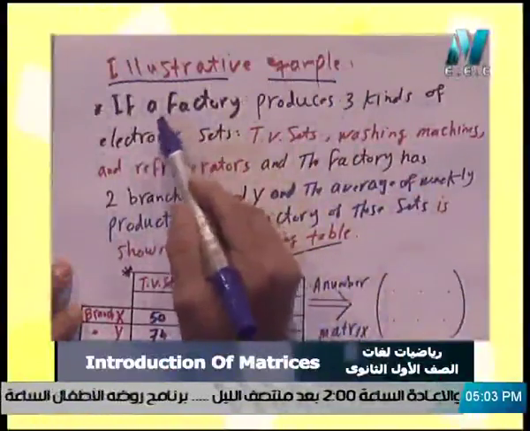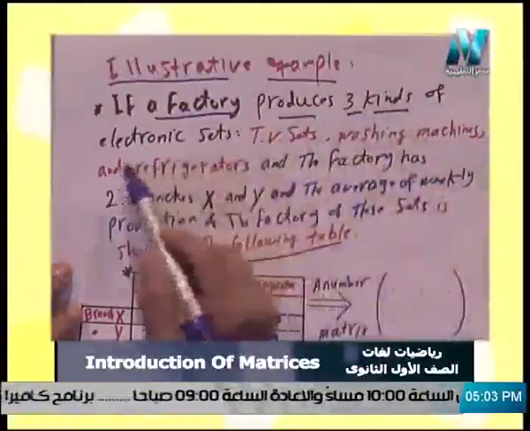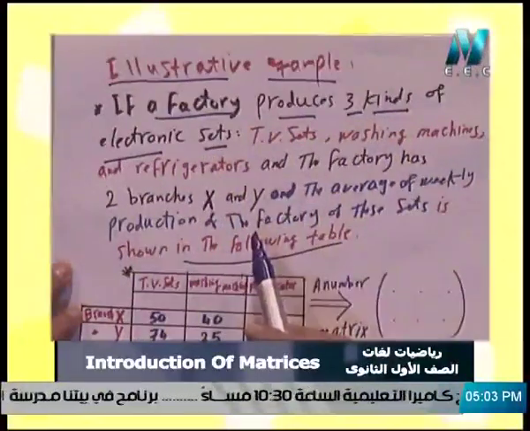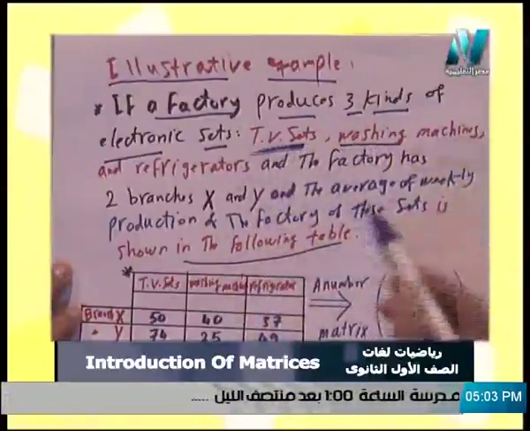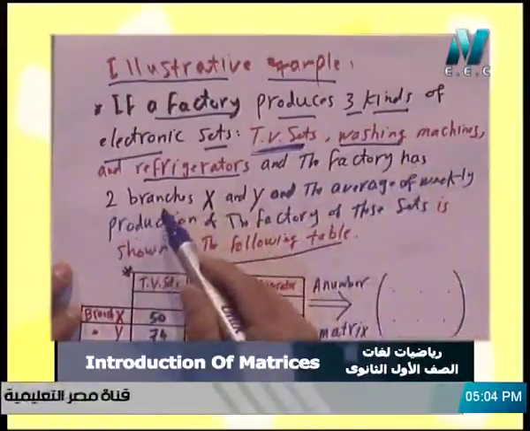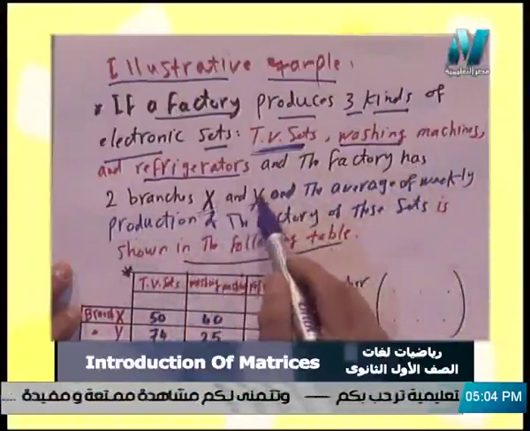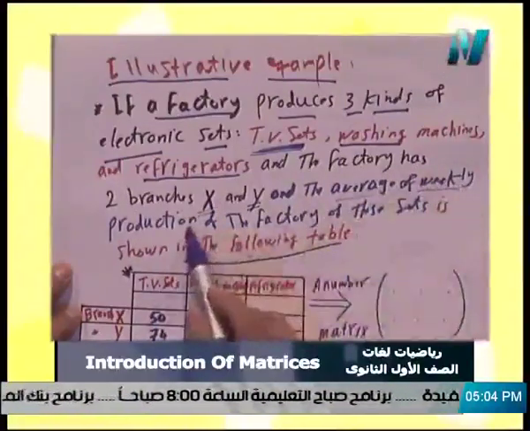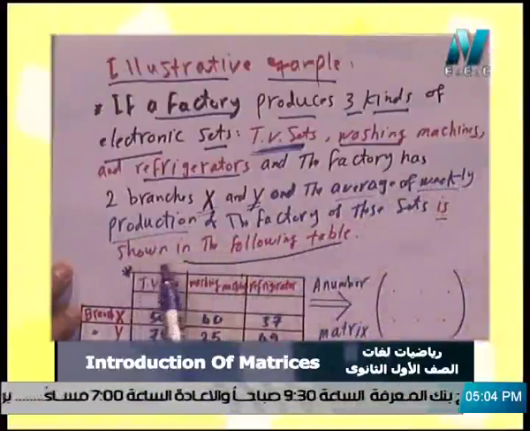If we have a factory in our country that produces 3 kinds of electric sets: TV sets, washing machines, and refrigerators. And the factory has 2 branches. The first branch is called X, the second branch is called Y, and the average weekly production of the factory of these sets is shown in the following table.